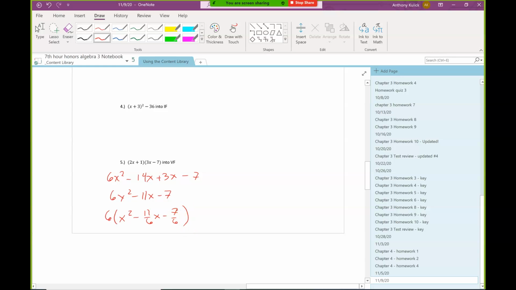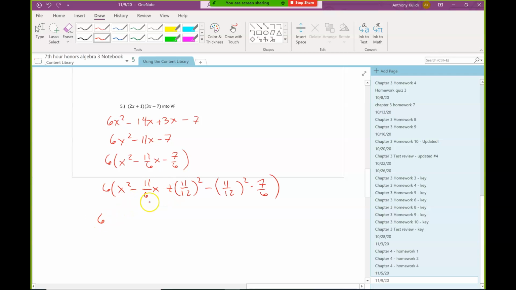Okay, there. And then I'm going to add and subtract 11 over 6 divided by 2 squared. So 11 over 6 divided by 2 is 11 over 12. Okay with that?